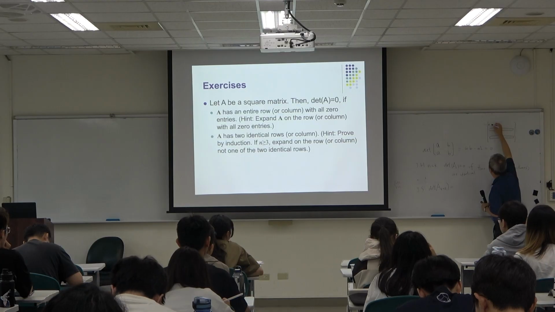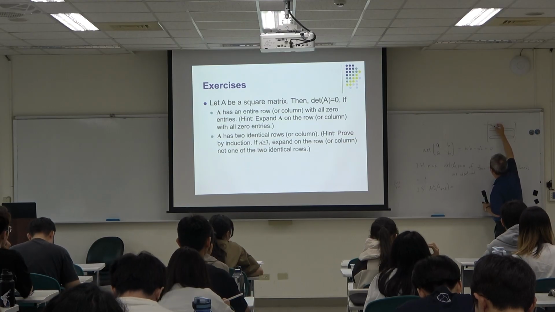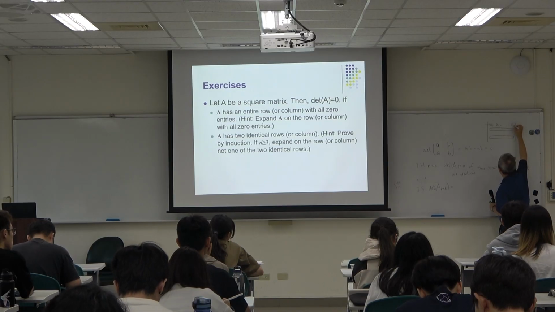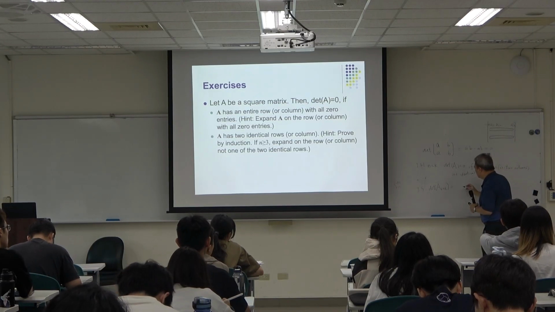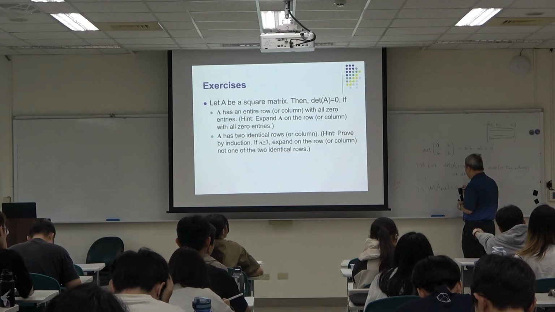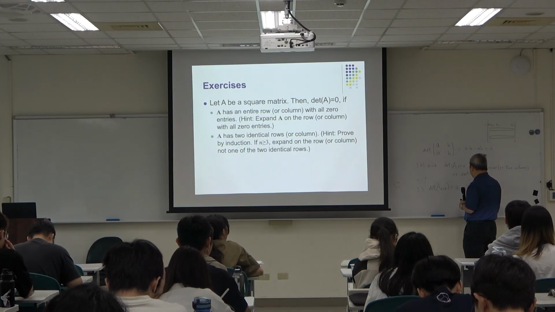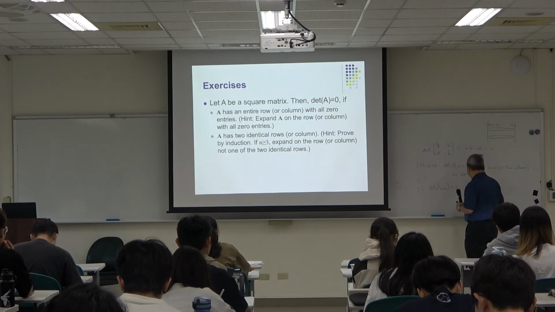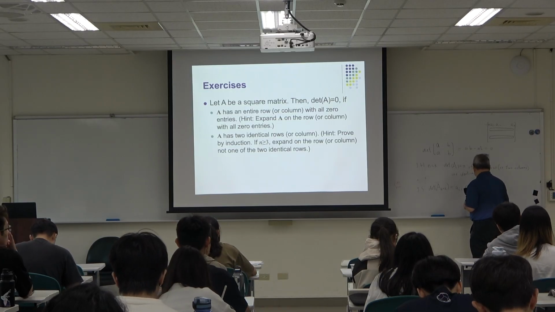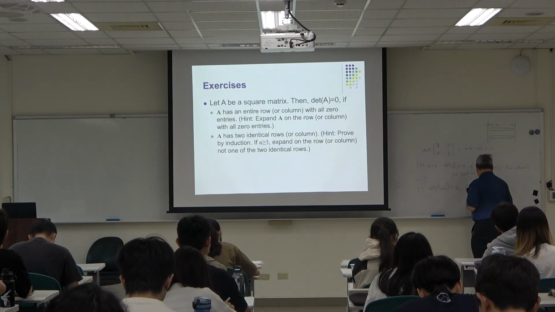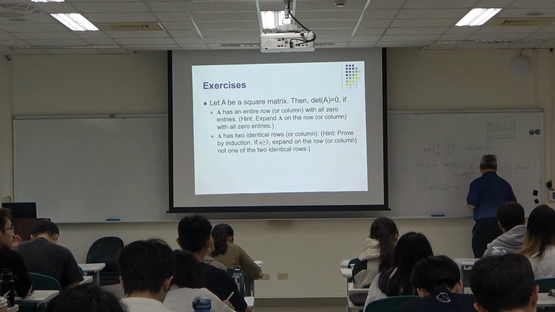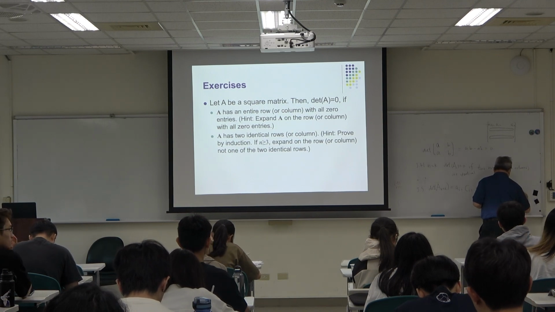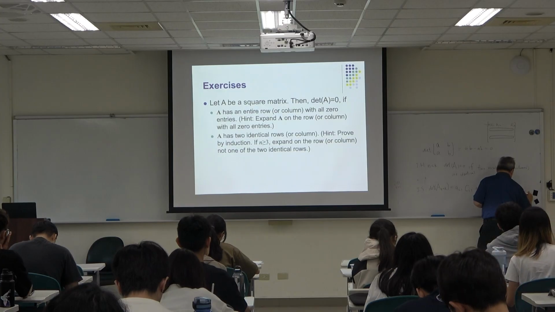So it's going to be AI1 times CI1, plus AI2 times CI2, plus AIK times CIK, right?